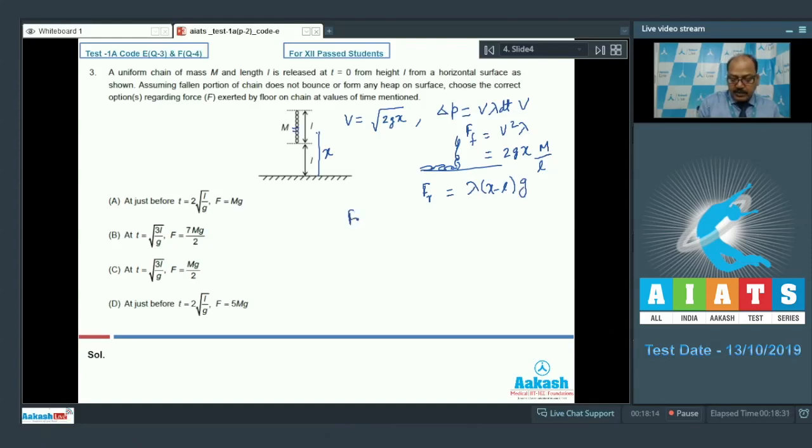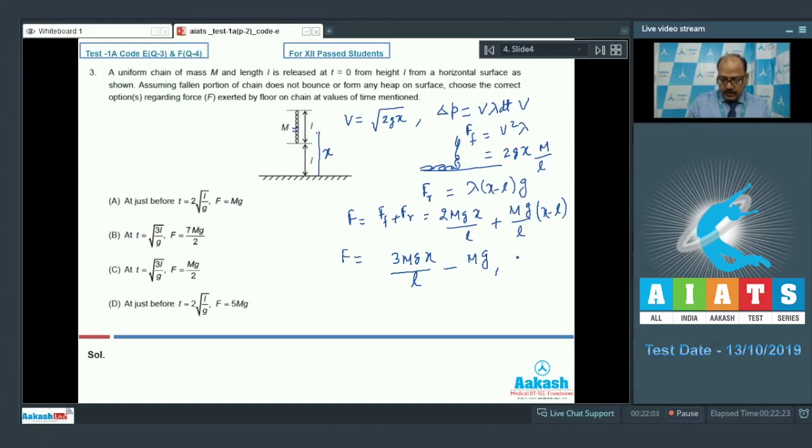And the expression for force when the chain is falling is F equal to Ff plus Fr, the force by the falling part plus the force by the part at rest, and that is equal to 2mg x by L plus mg by L into x minus L. Simplifying, we get F equals 3mgx by L minus mg.